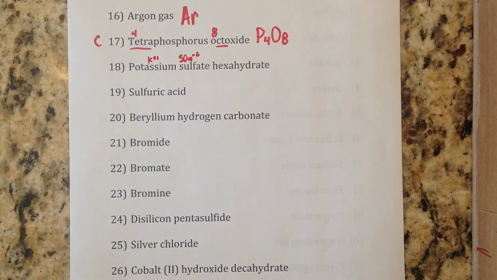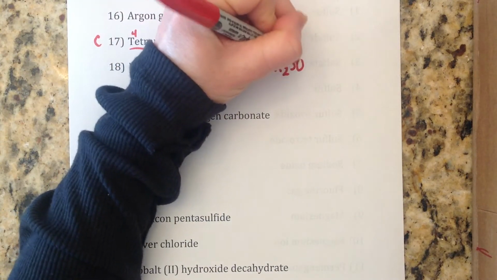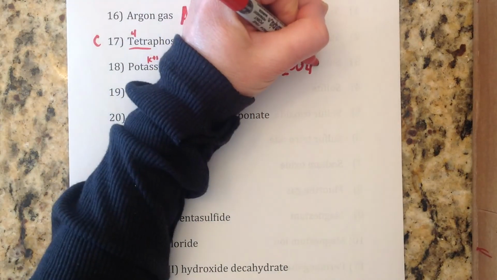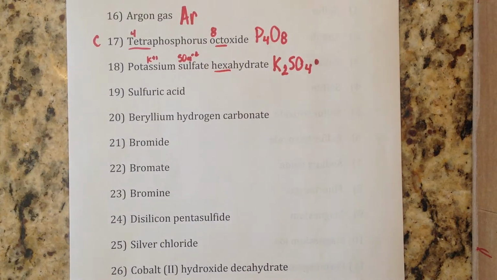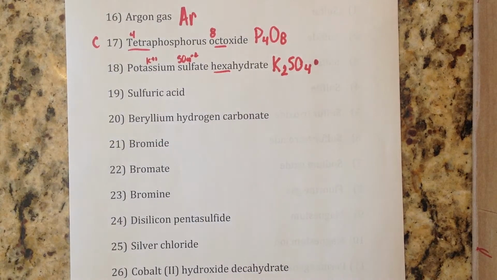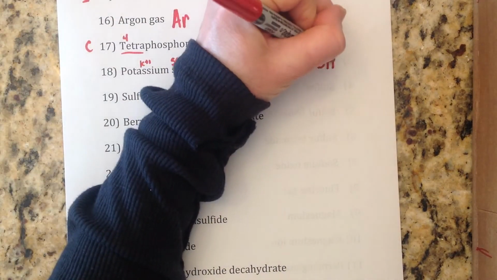So I'm going to crisscross those. That gives me K2SO4. So there's the ionic part of the formula, big dot. And then according to this, we have 6 water molecules loosely attached to every one of those potassium sulfates. So we just simply write 6H2O.